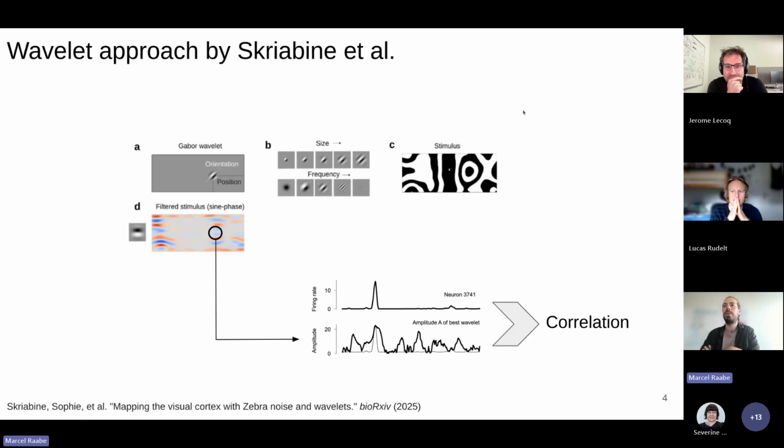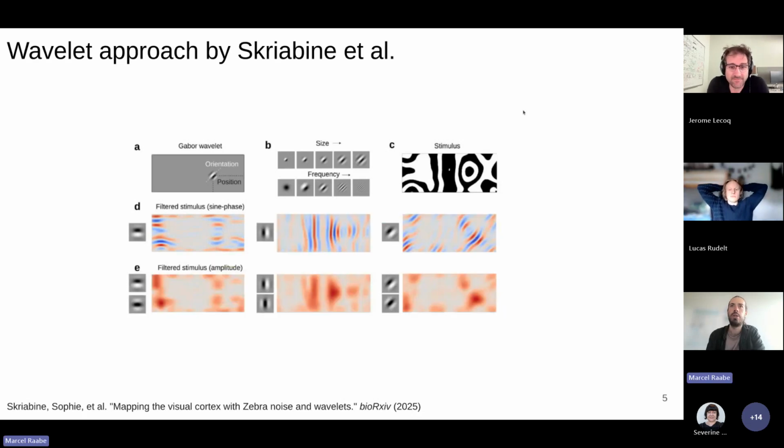Good. Okay. So we get these two signals, and all we do is compute the correlation between both of them. And another thing, you can do this for different kinds of wavelets. I dropped the last property of these wavelets. They cannot only have a frequency, but also a phase, of course. And what you typically have is you take sine and cosine phases.